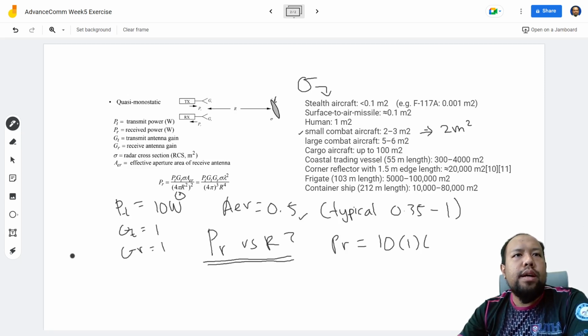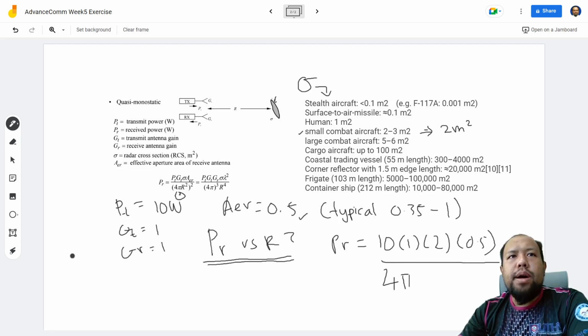Since we're given AER, we can check for sigma. So sigma is 2, and then AER is 0.5, over 4 pi r squared, over 4 pi r squared, squared.